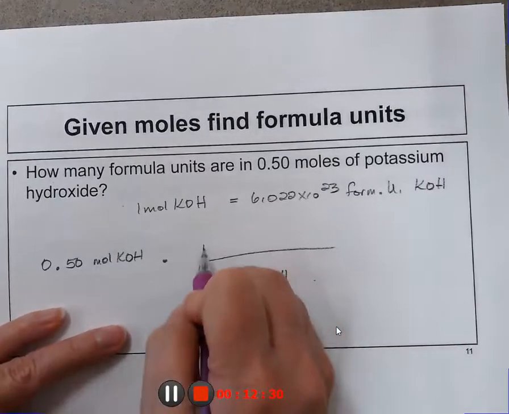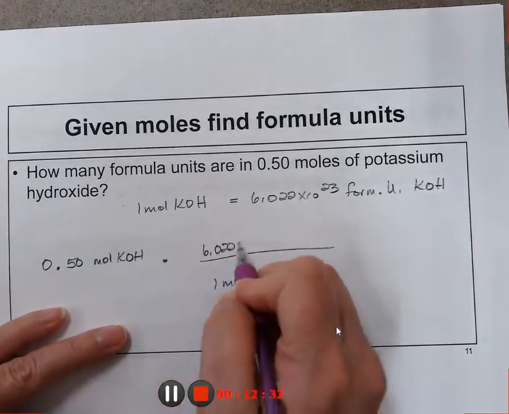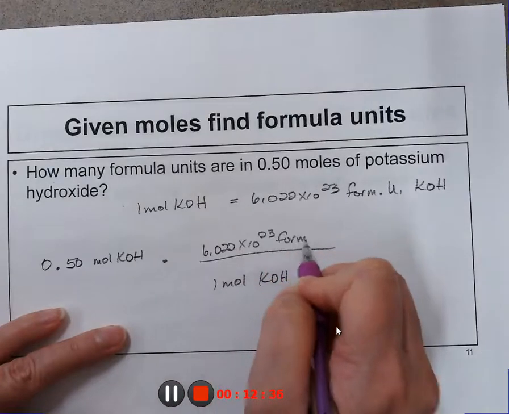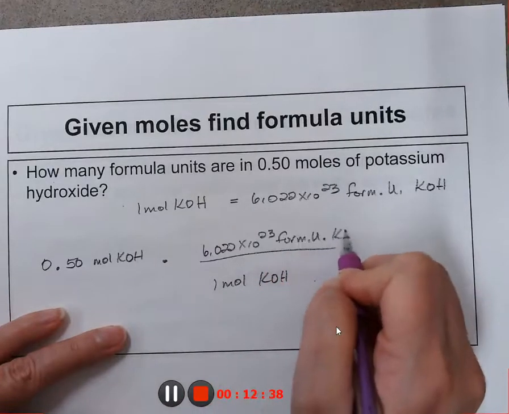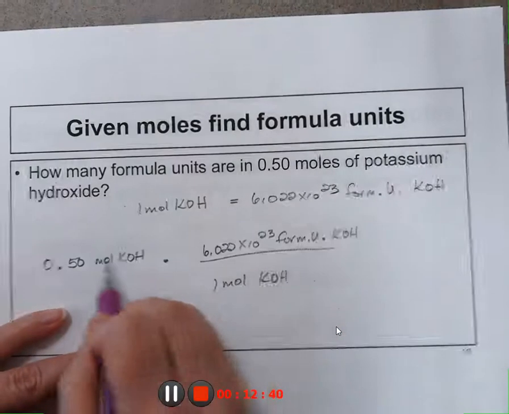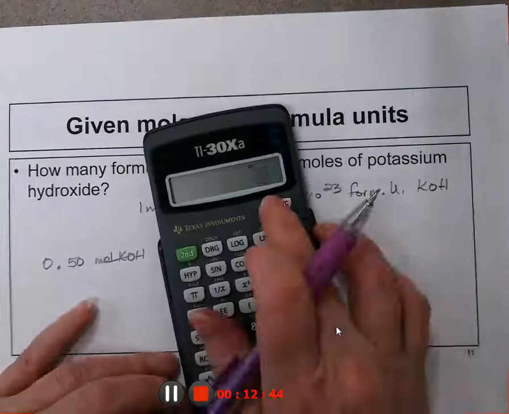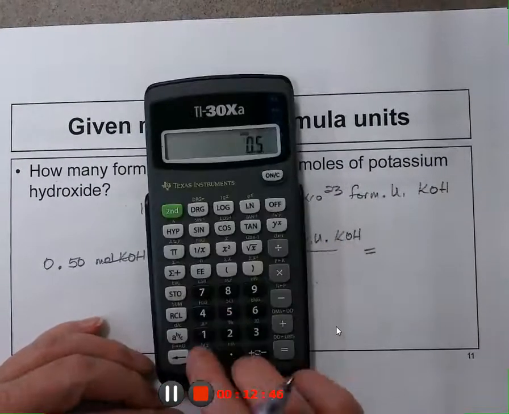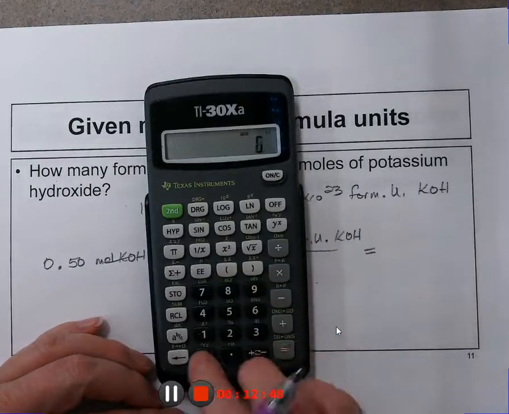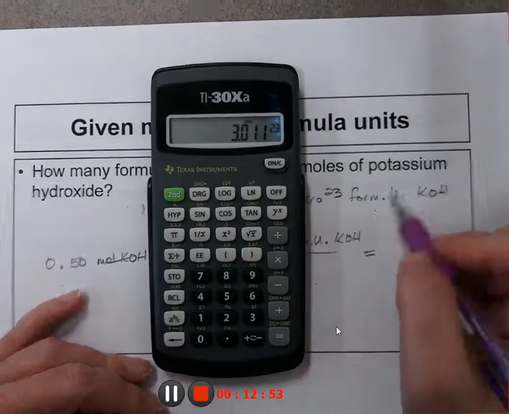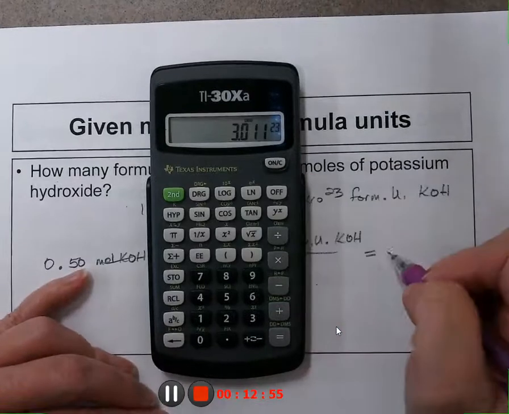And I need formula units at the top. Okay, moles cancel, and then we're just multiplying. And we have 2 significant digits.